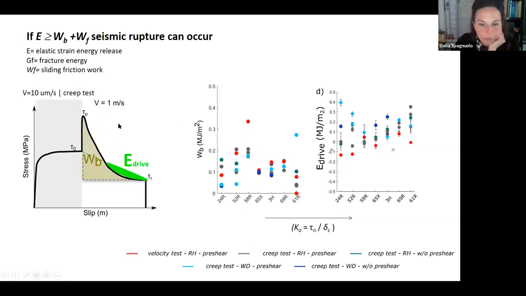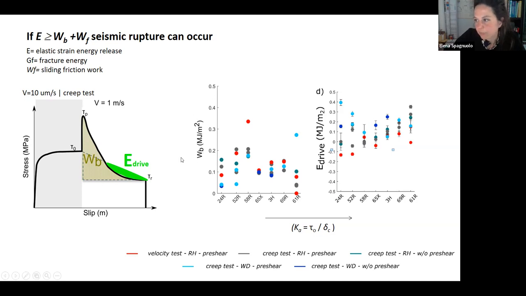Another thing we can measure to have an idea of how much energy we have to propagate instabilities is the driving energy. So if we take the energy balance here, we can define the breakdown work as the area integrated over slip here. And in the classical seismological interpretation, the triangle here is the total energy, and the energy in excess is going to be this triangle here.